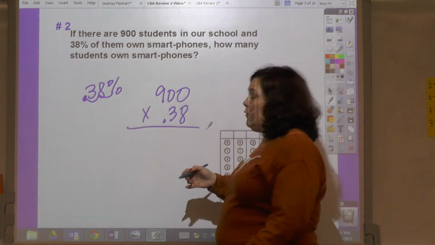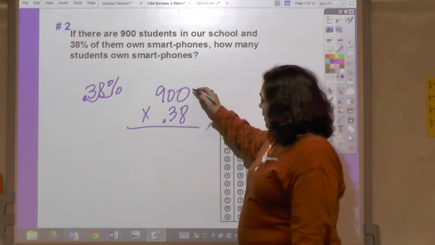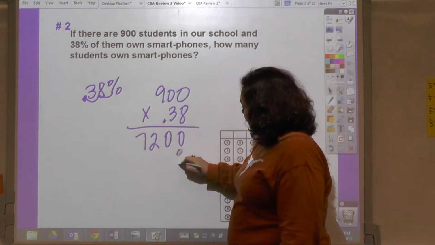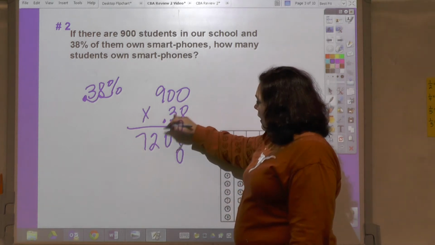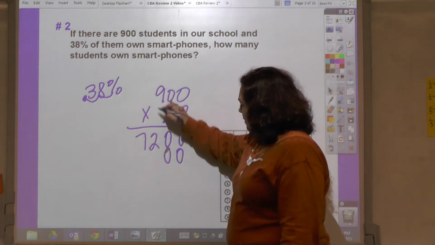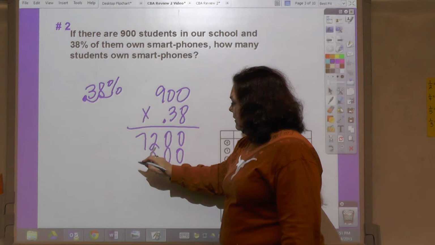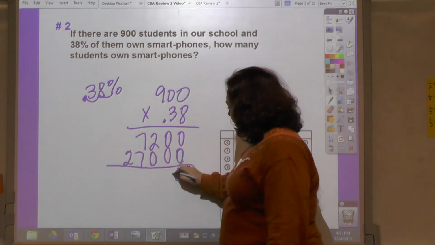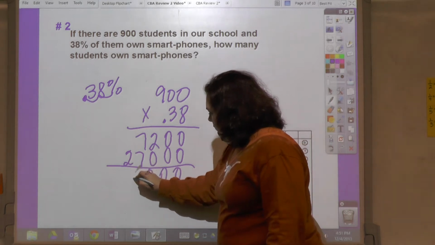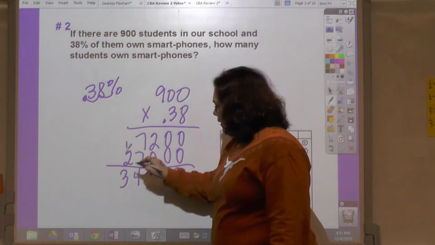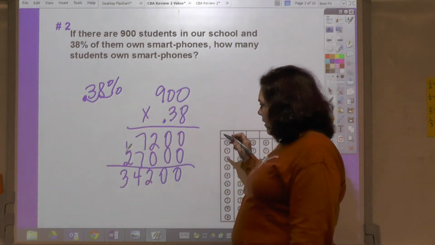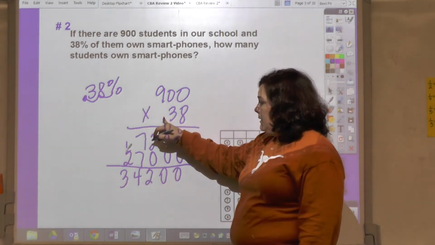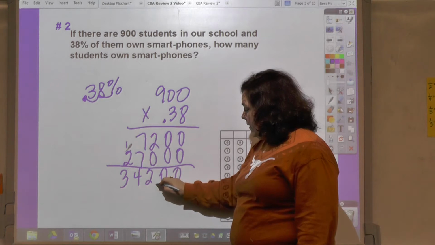And now I can multiply just like normal, and I get 0.0072, and my 0 placeholder, and then 3 times 0, 3 times 0, 3 times 9 is 27. And add all of this up, carry, and now I have to put my decimal place. 2 places here, so 2 places in my answer.